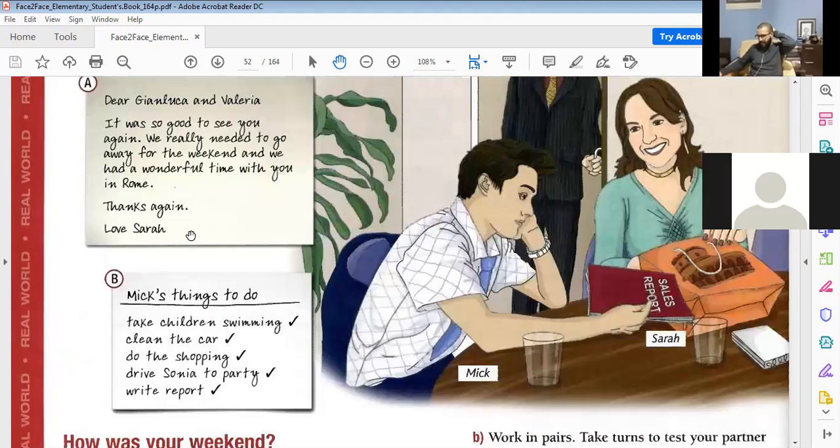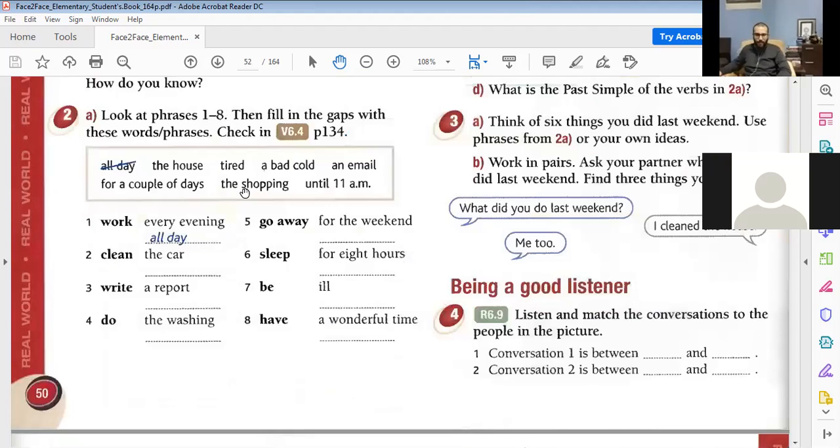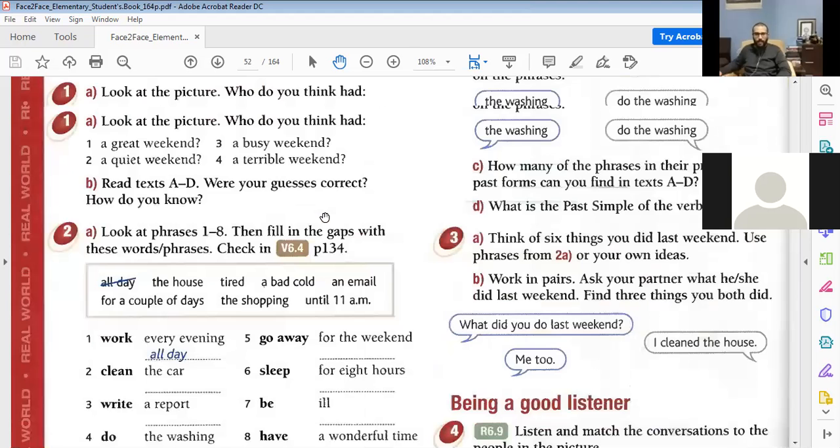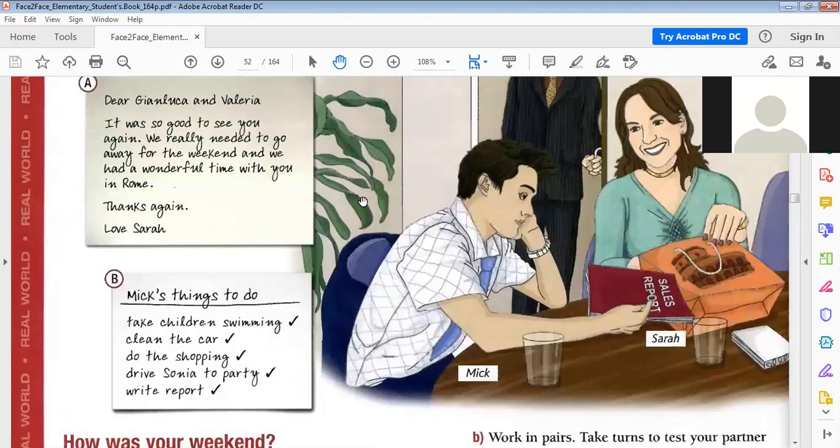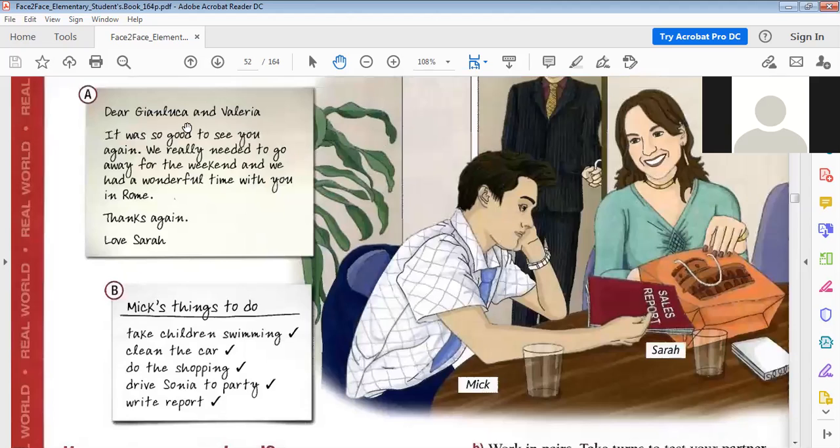So here we have A, and here we have B. I would like you to match them to the people, and the same thing here with C and D. Okay, Basma, would you like to read the first letter and tell us who wrote this?